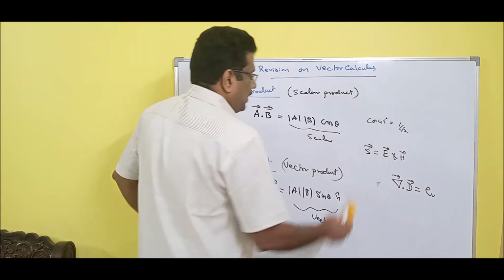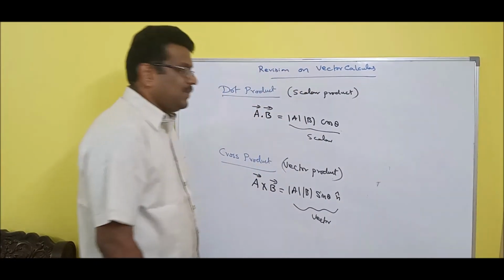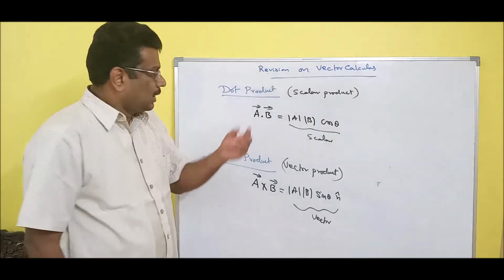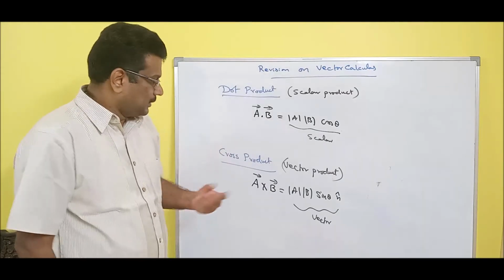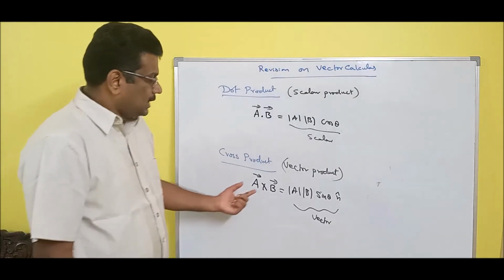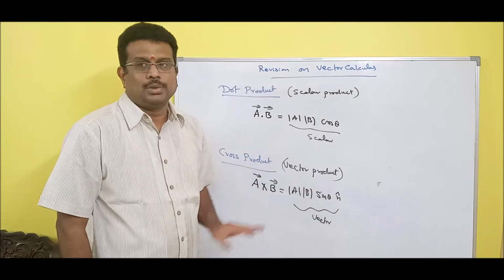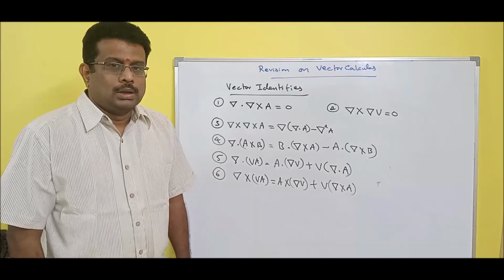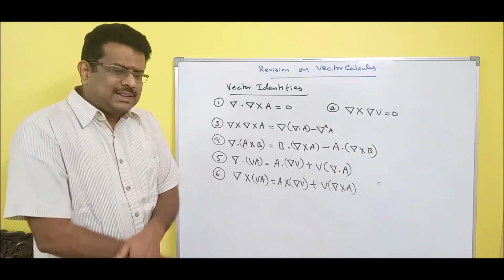So what is the definition of dot product? It is a product between two vectors and the resultant is a scalar. Definition of cross product: it is a product between two vectors and the resultant is also a vector. Okay, so please try to remember this. I have written some vector identities.